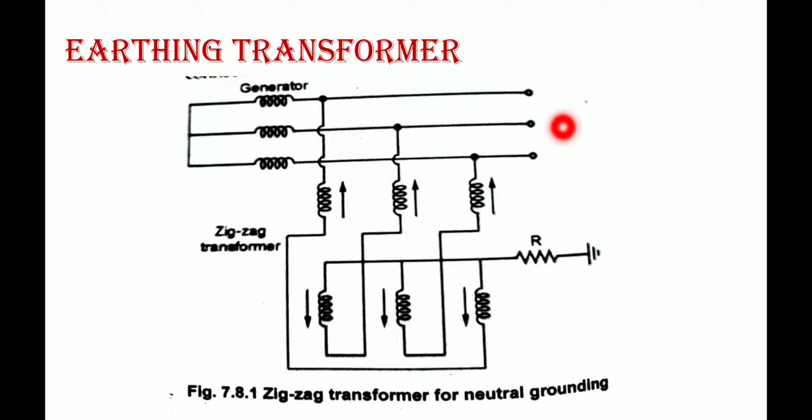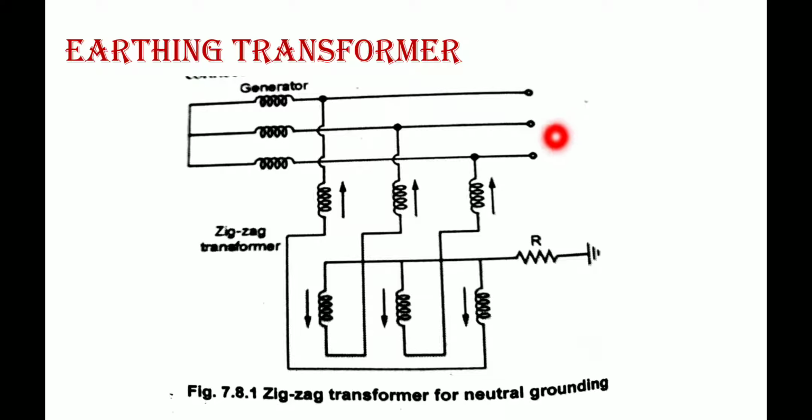Here the total flux in each limb is negligibly small during the normal operating conditions, like steady state or balanced condition. Therefore, if the total flux on each limb is negligible, the transformer is going to draw a very small magnetizing current itself.